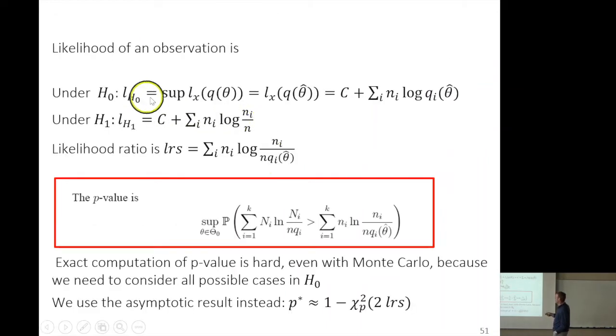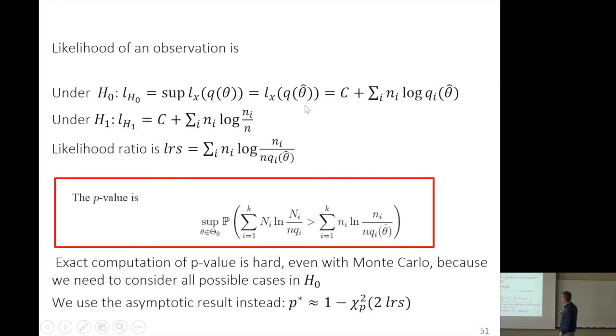Under H0, we need to compute the supremum of the likelihood of q of theta given the model we have before. And here it is something that can be solved only numerically.